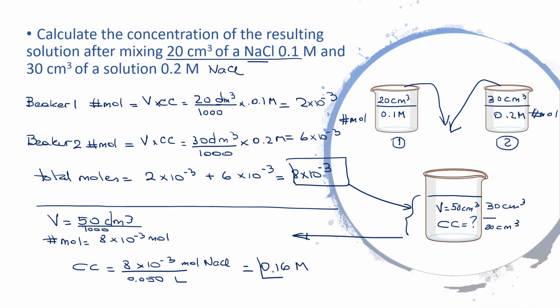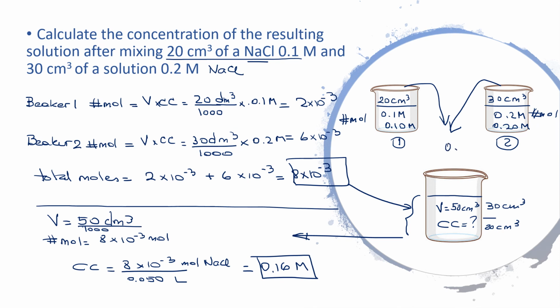Now, does it make sense? Well, this one is 0.1, which is the same as 0.10 molar, and this one is 0.2, which is 0.20 molar. If I mix the same volumes of both of them, the concentration would be exactly 0.15.